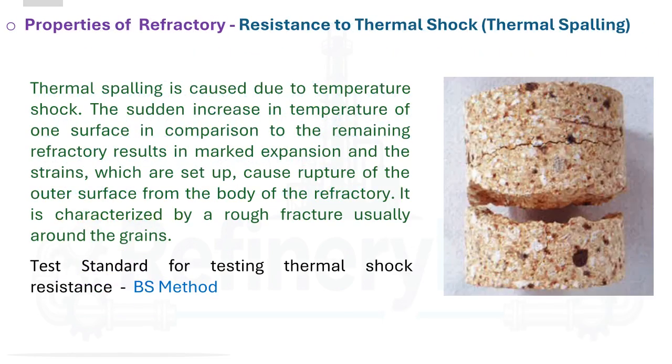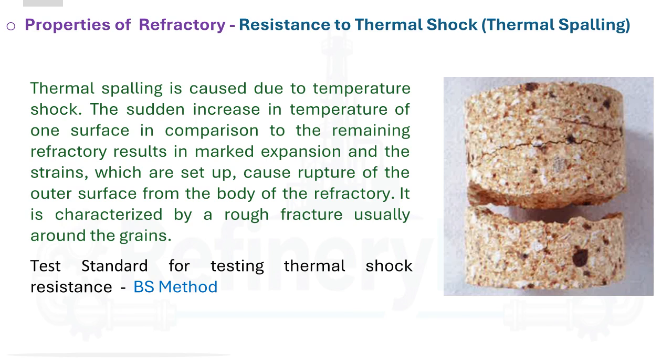One of the most destructive phenomena in refractories is thermal spalling, caused by thermal shock. Here is what happens. When one surface of a refractory brick is suddenly exposed to a much higher temperature than the rest of the brick, that hot surface expands rapidly.